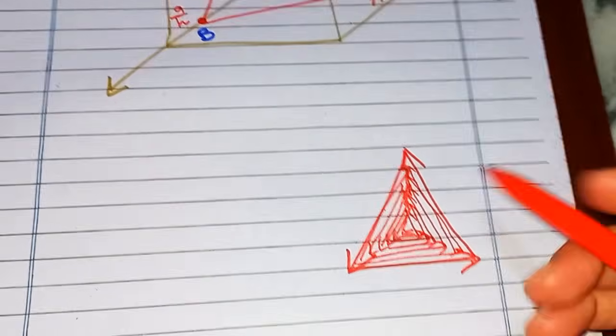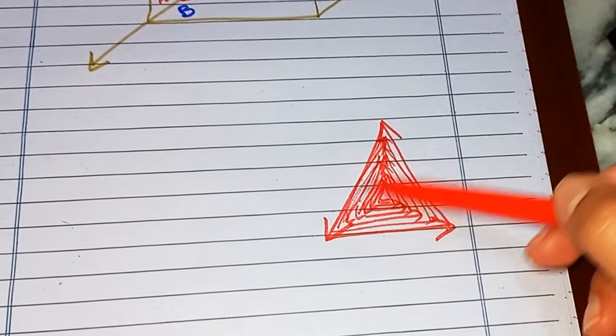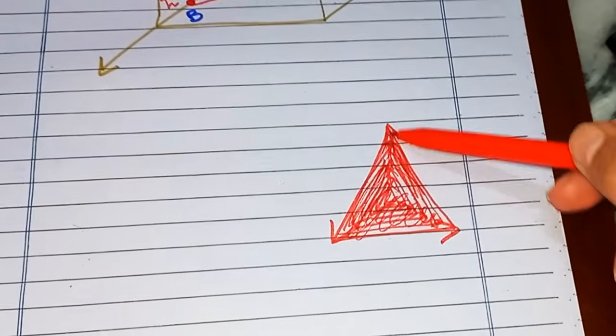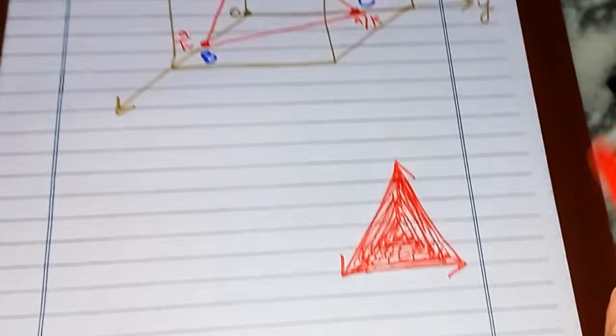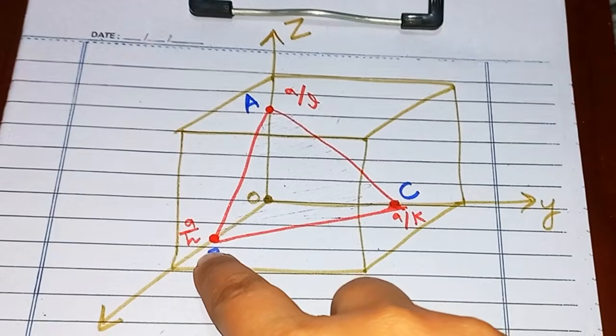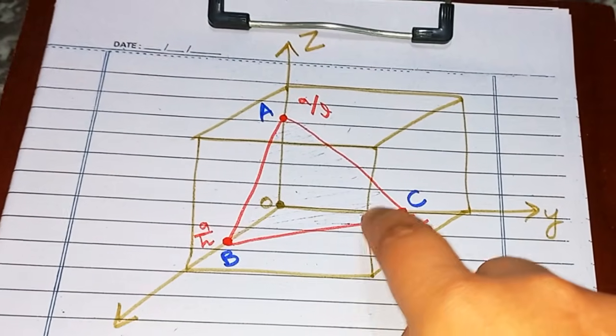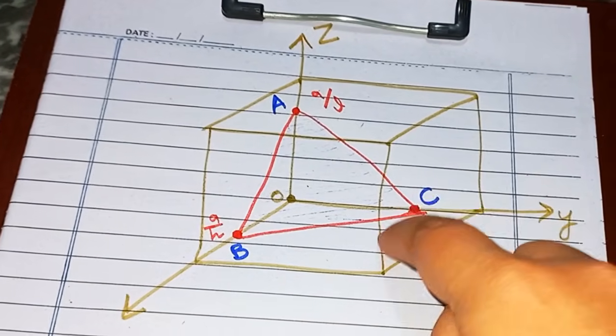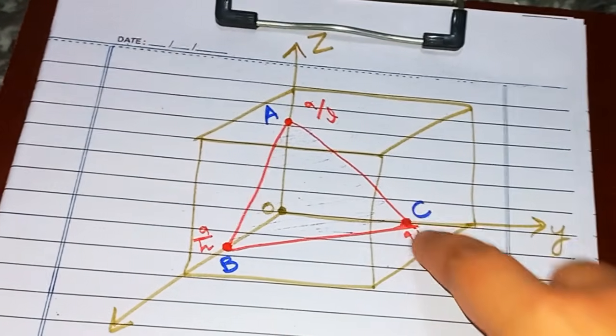That is how you get a plane. It means that the plane is actually made up of infinitely many parallel vectors, whose directions are defined by these boundary vectors.